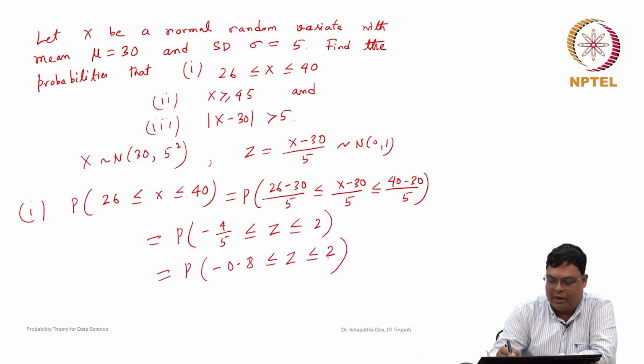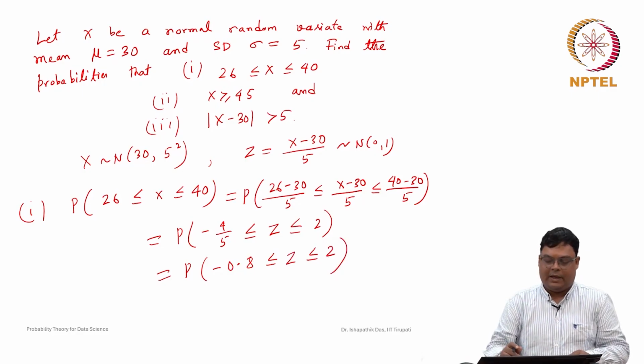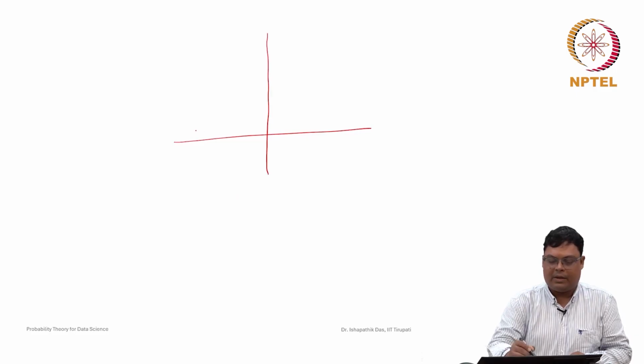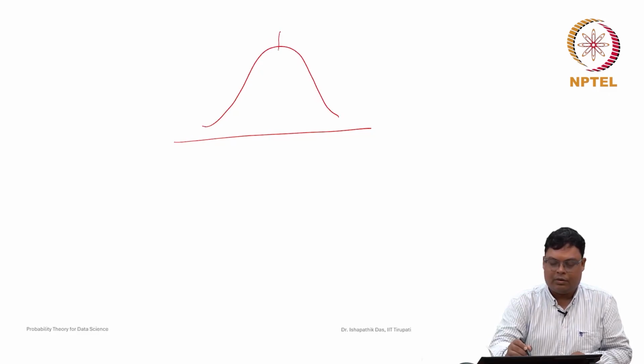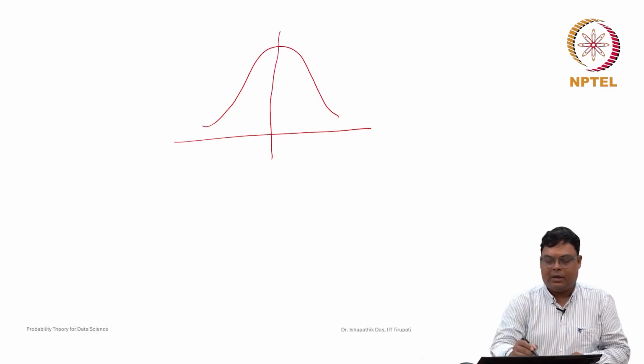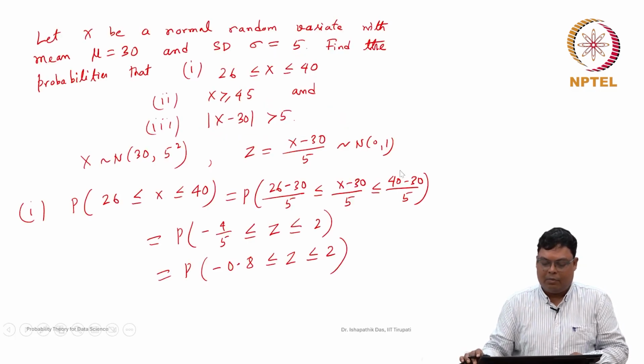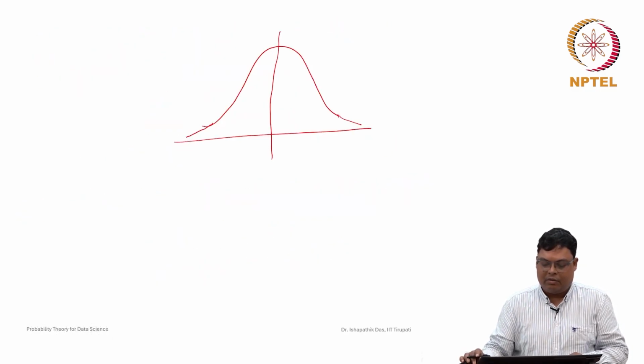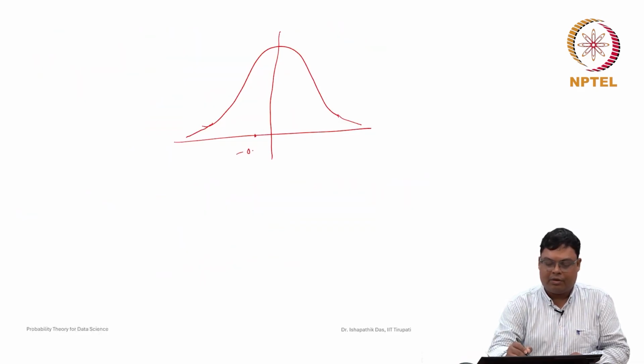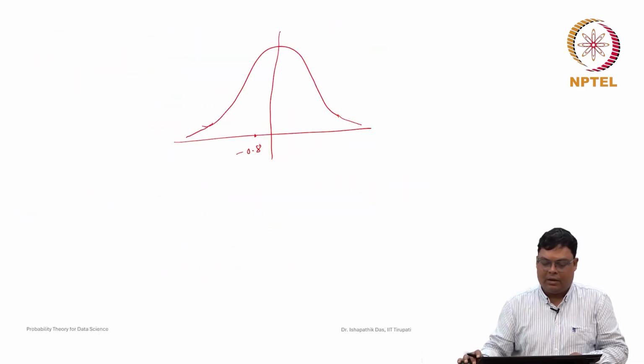So, how will we find this value? Finally, we have a normal distribution. We are considering the standard normal variate. Now, we want to find the probability that z is greater than or equal to minus 0.8 and less than or equal to 2.